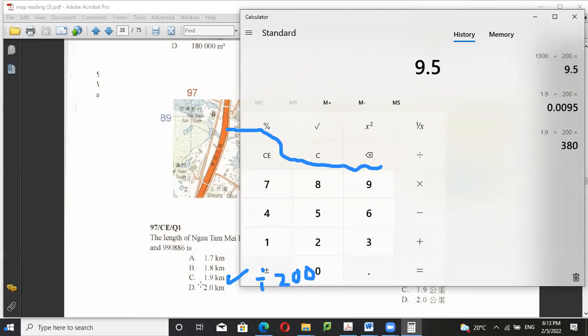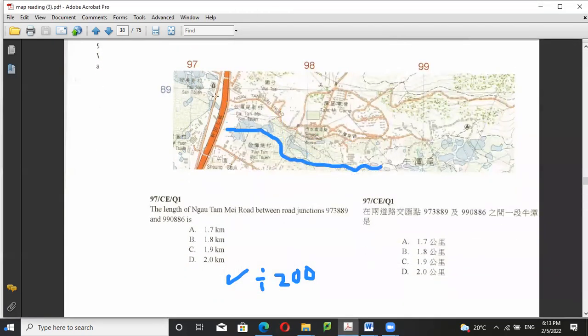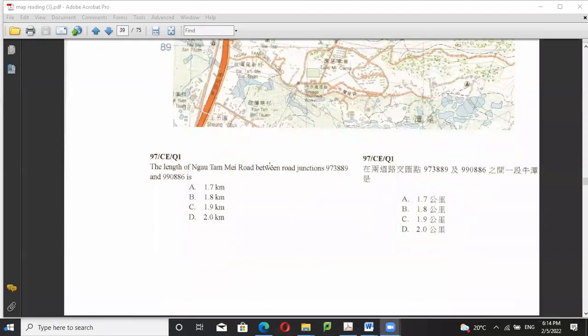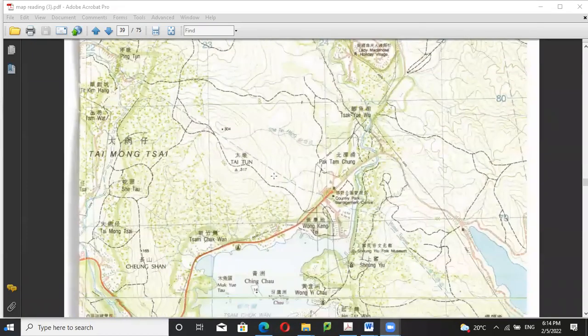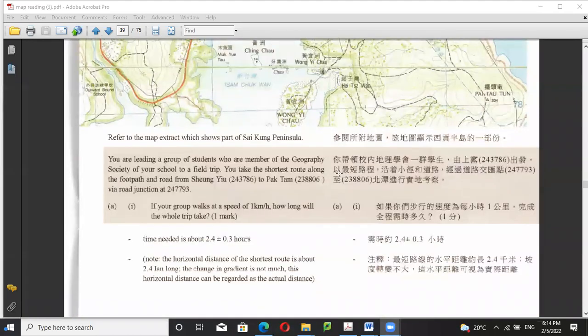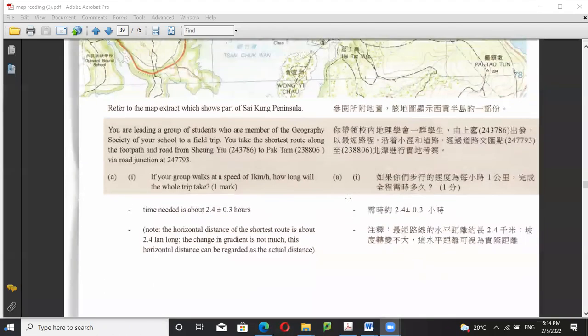Then the answer should be C. Okay, A level is just for your reference. It is already calculated, so I'm not going to tell. Then that is for the skills too. Bye bye.